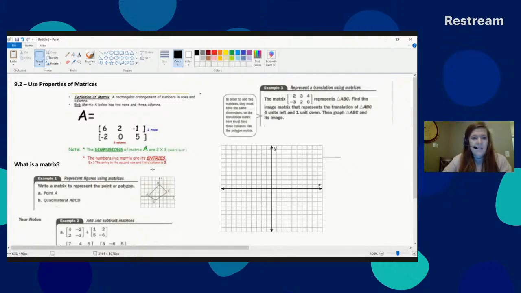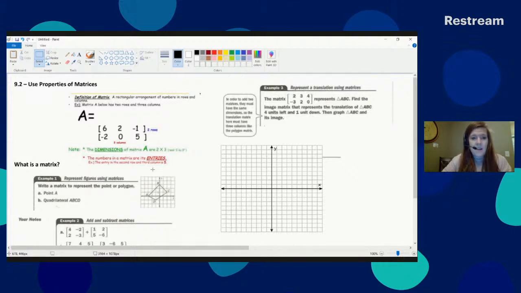But what we're going to talk about today is a matrix that can help us represent points and use a matrix to do translations and rotations and reflections. This section is going to be really key for some of the coming up sections, so just make sure that you really understand that.